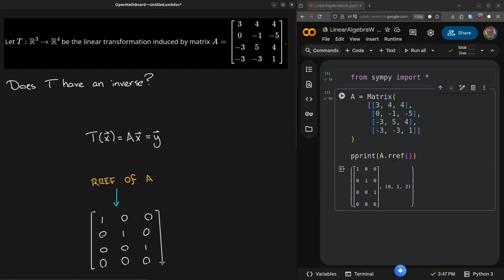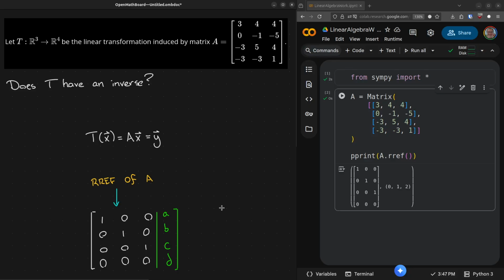And now we're going to imagine what happens if we do augment it with something. Now, we want to check if we are 1-to-1, if we're onto.